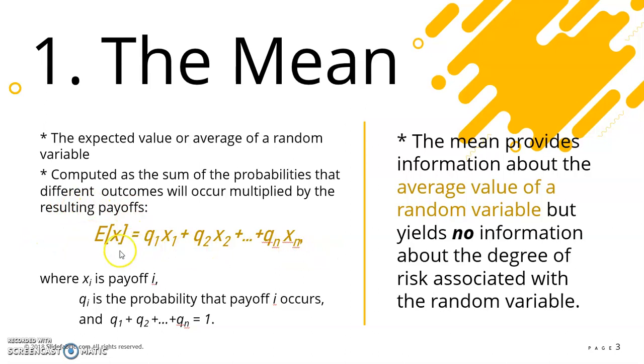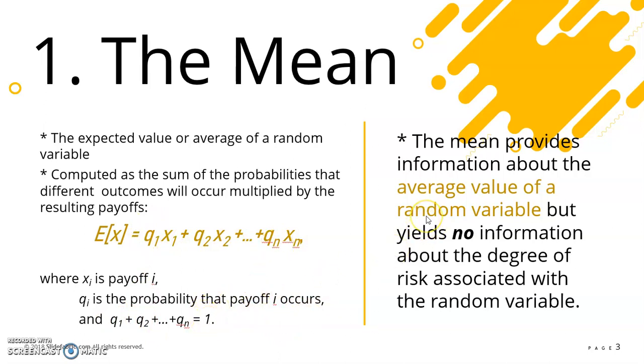So this is the formula to get the mean: E(X) = Q1X1 + Q2X2 + ... + QnXn, where Xi is the payoff and Qi is the probability that Xi occurs, and Q1 plus Q2 until Qn must equal 1.